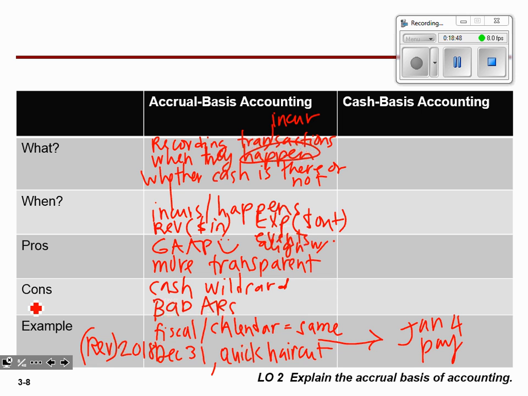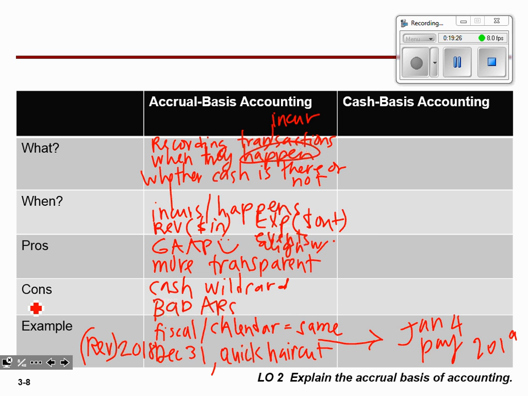The haircut happened last year, just 4 days ago. Now they come and pay. It's like the haircut happened on January 4th of 2019. Doesn't that seem kind of shady? Like to wait? You might say no, because it's cleaner for cash. I'm getting my cash, but it's the concept of when it gets recorded from a transaction perspective. The revenue was earned in 2018, not 4 days later when they pay us.